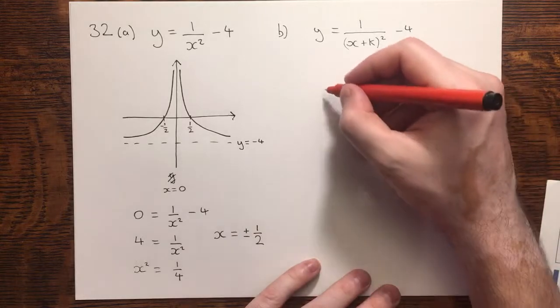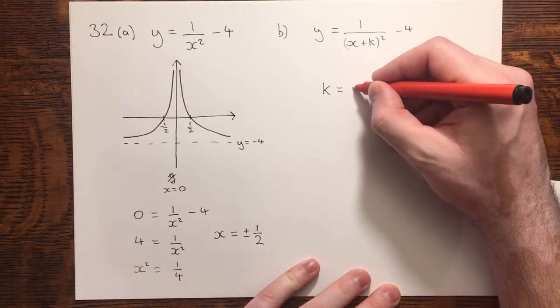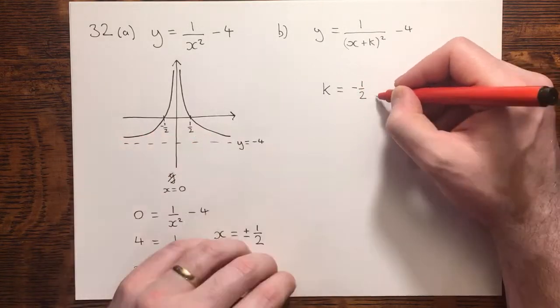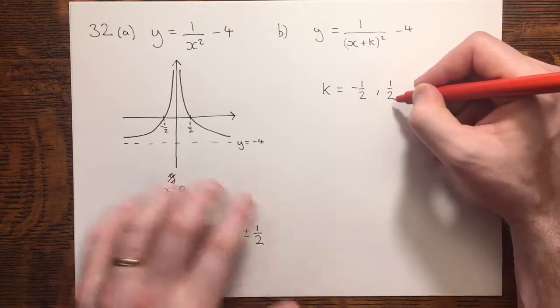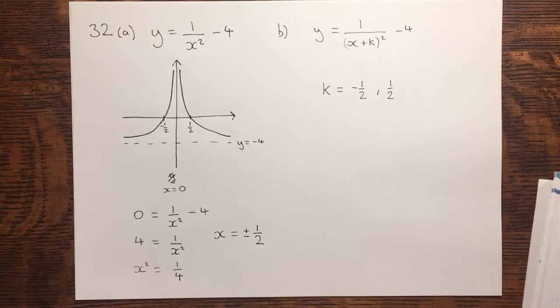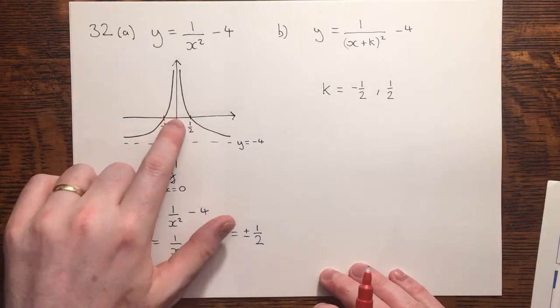So I know that k could either be minus a half to translate it to the right, or a positive half to translate it to the left. And either one of those would cause the curve to intercept at the origin.